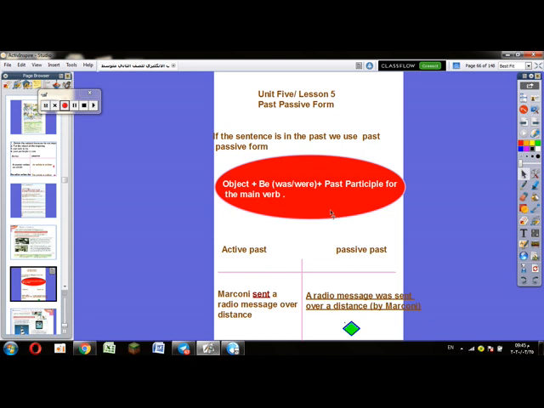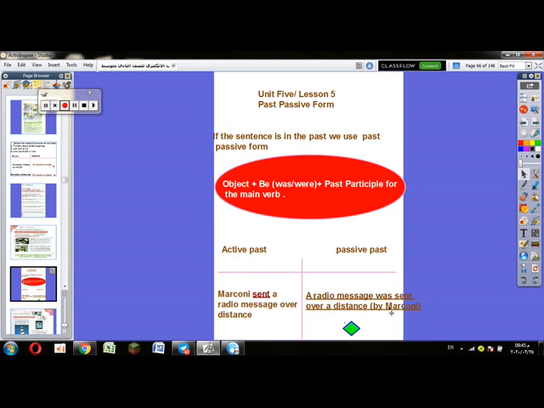So we have this sentence here. Marconi sent a radio message over a distance. So a radio message was sent over a distance by Marconi. So we delete the subject or we put it using by.